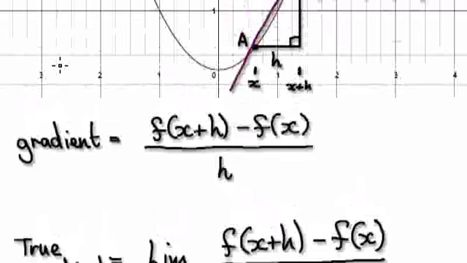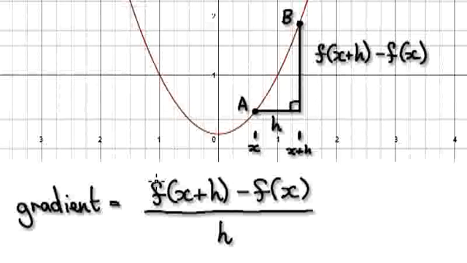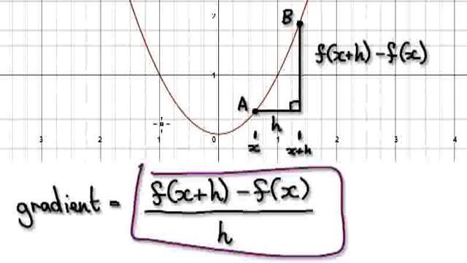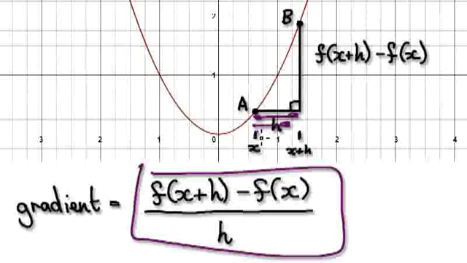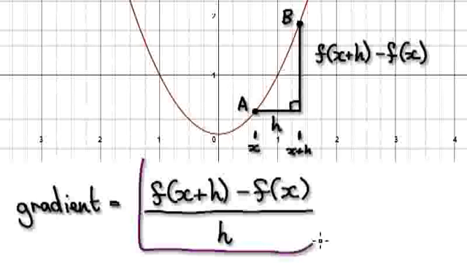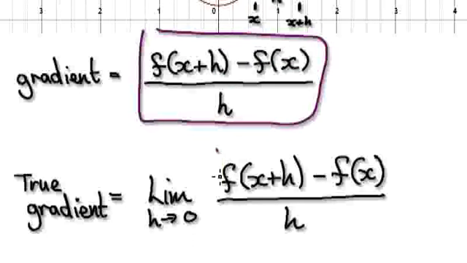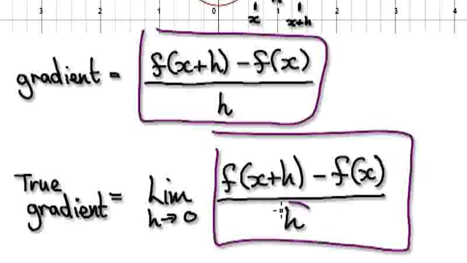Currently the gradient between A and B is given by this, but in order to get the true gradient, you need to decrease h to get h to tend towards 0. So for you to get the true gradient, you need to take the limit of this whole thing here. Basically, get h to head towards 0.